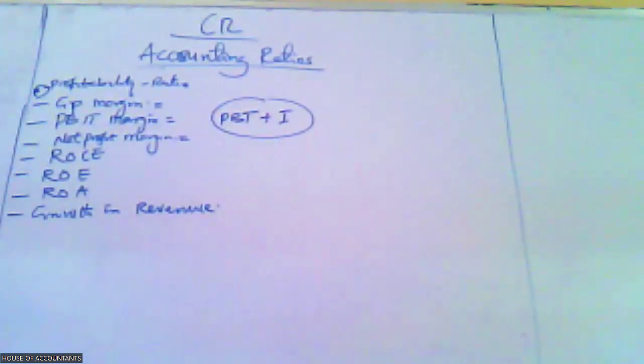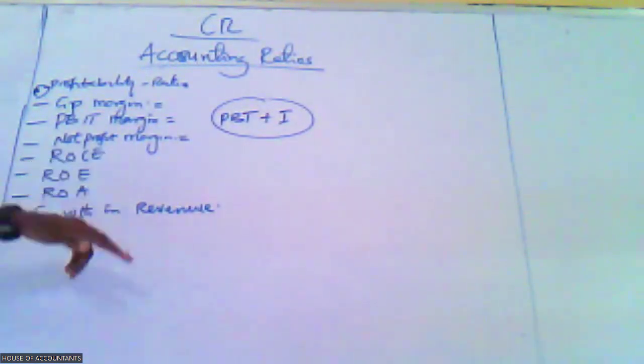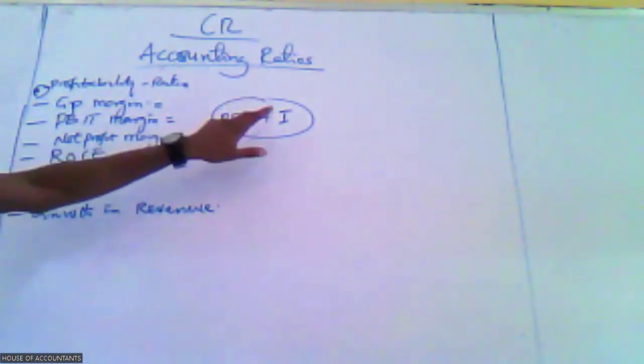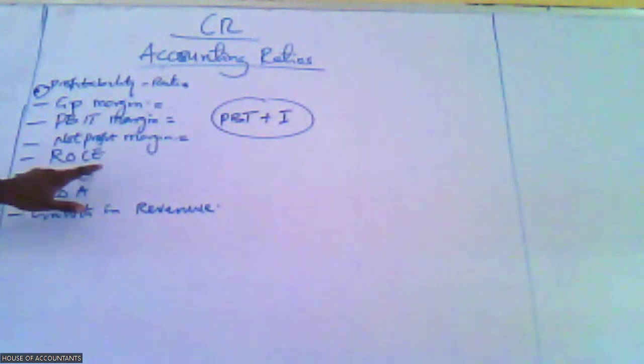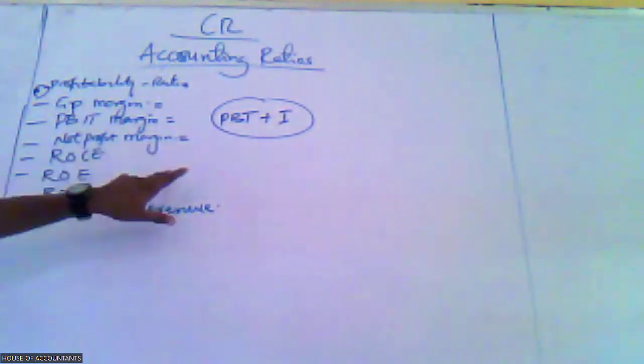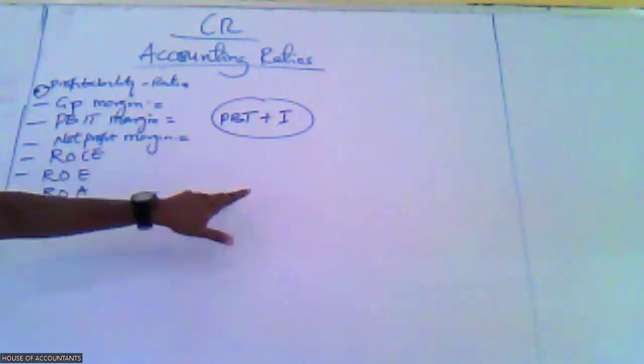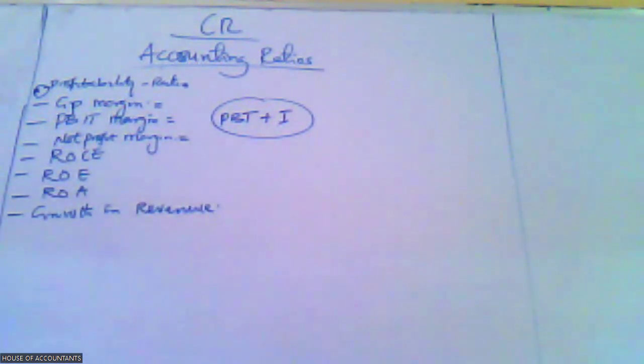Return on capital employed. So you can use two ways. You say PBIT, that is profit before interest and tax, over capital employed. So what is now the capital employed? Capital employed simply means total assets minus current liabilities.